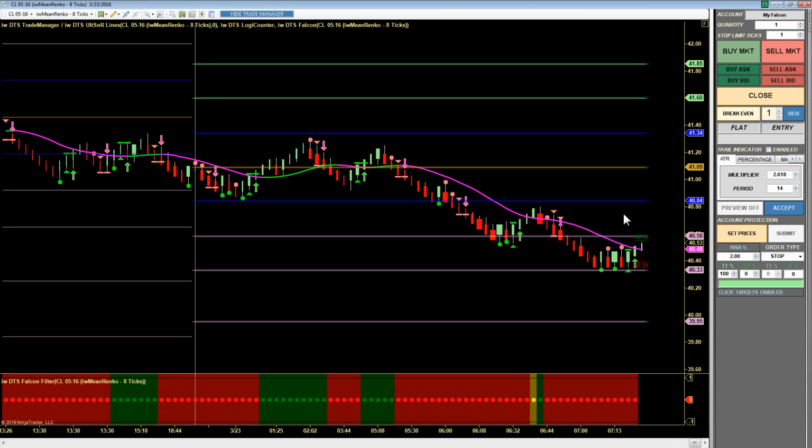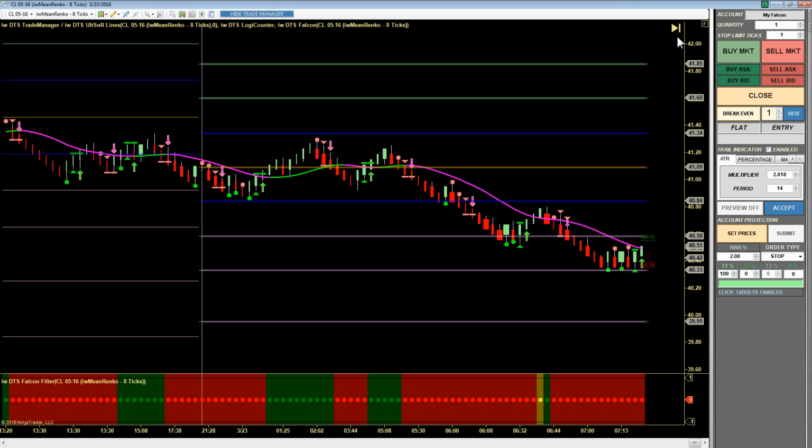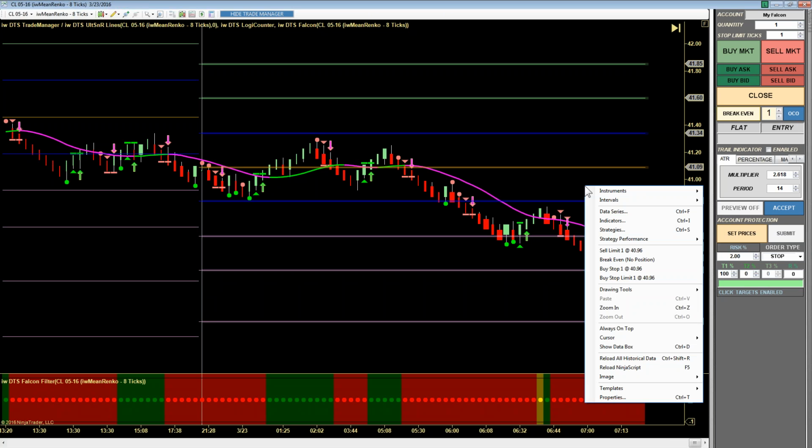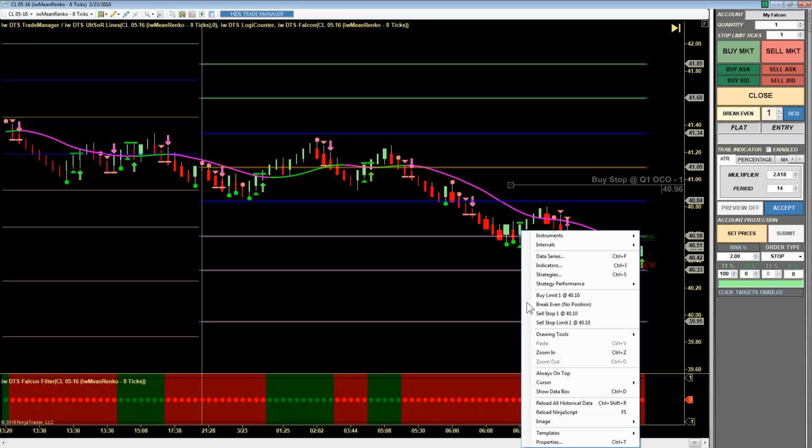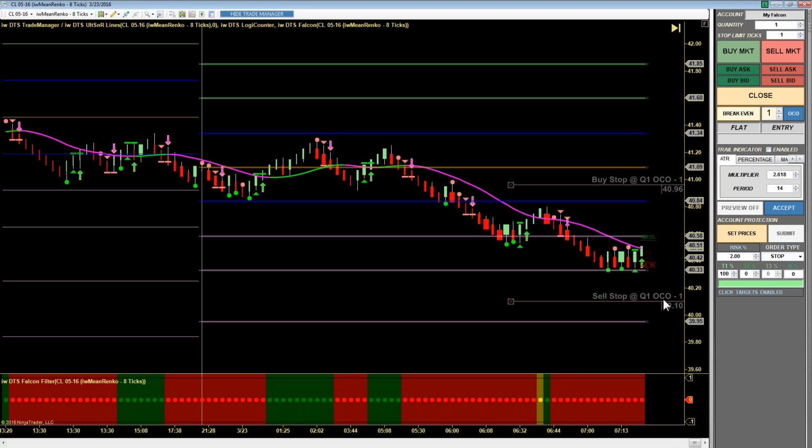Now the thing with the OCO function is these orders are live the moment I put them on my chart. I actually don't use the trade manager component to do this. I right click and I place my order. I right click and I place my order. Now you see here how it says OCO1. That OCO1 means these orders are linked.